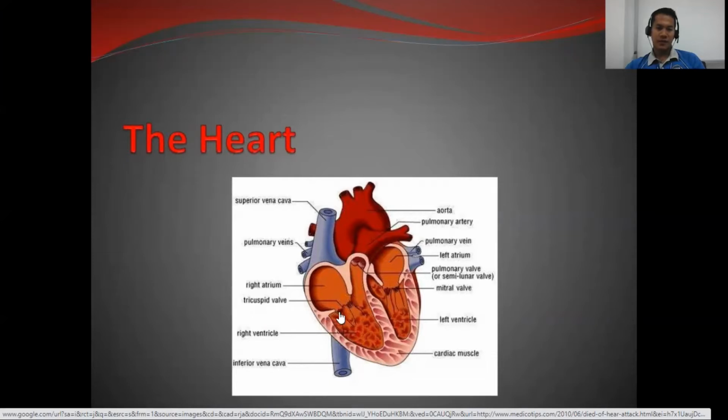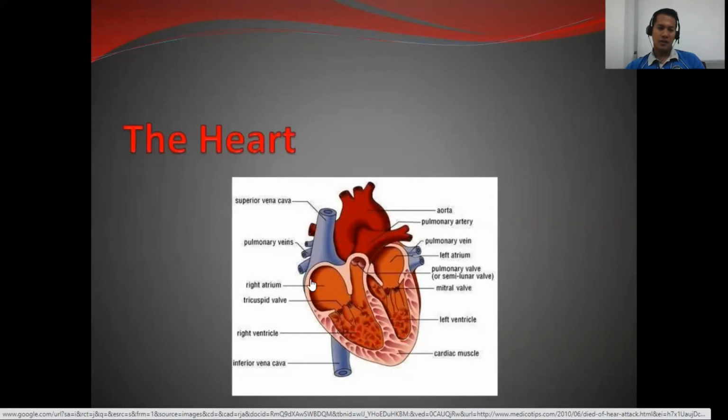This is the tricuspid valve. This valve right here prevents the backflow of the blood from the right ventricle going up to the right atrium. So it ensures one-way flow, going this way and out this way.